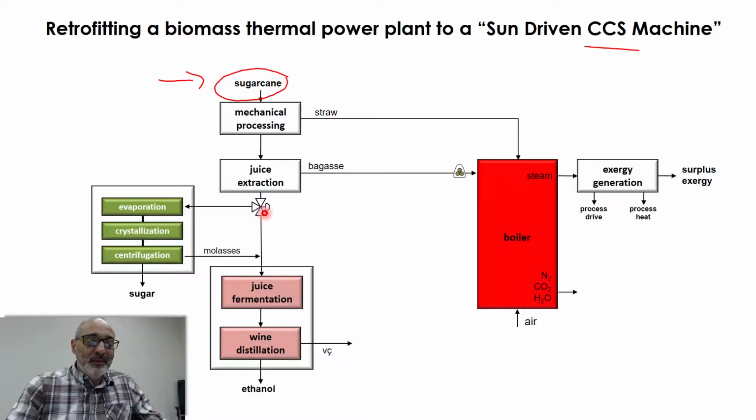That's why I put a valve here. The idea is that you control the amount of sugar and the amount of ethanol being produced, depending on the prices. So you can change that during the year or from one year to another.